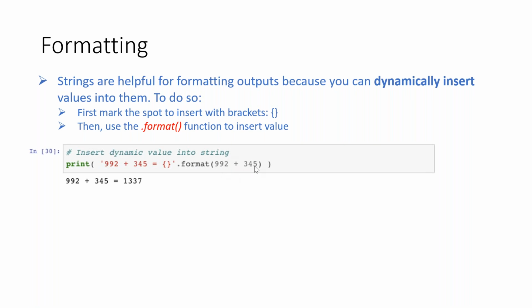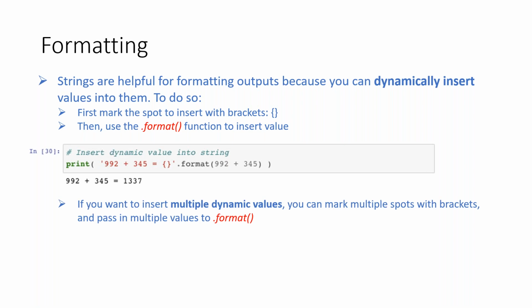The addition will be done, and whatever the addition output is will come into this placeholder. If you change these numbers, a different result will come. So this dot format on a string is a very useful thing we'll keep using. Look carefully at this syntax and type it yourself to understand how it works.